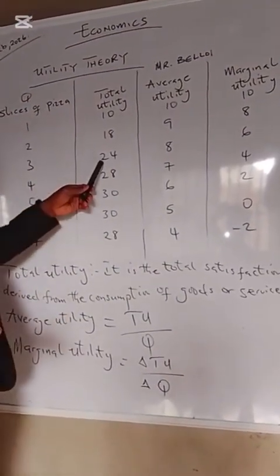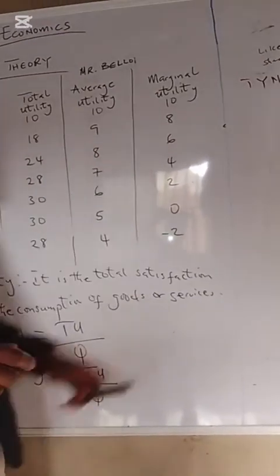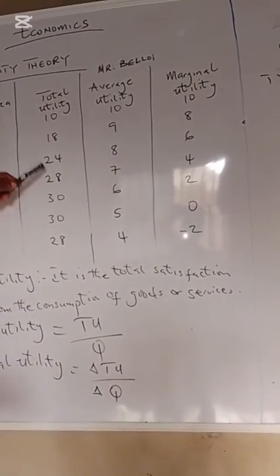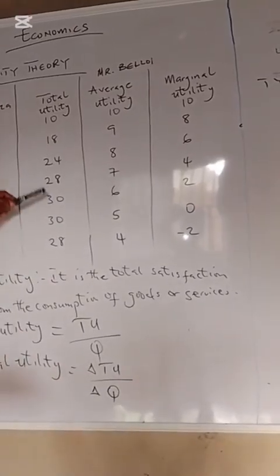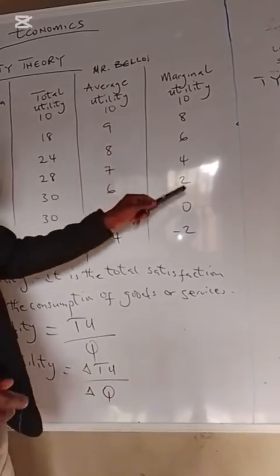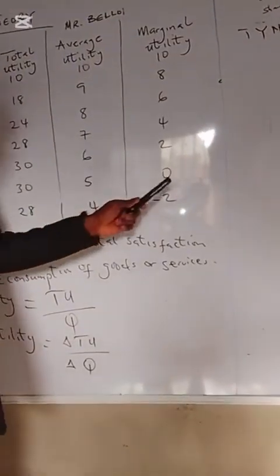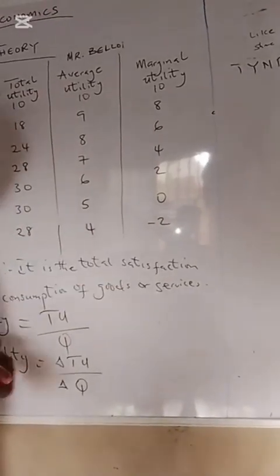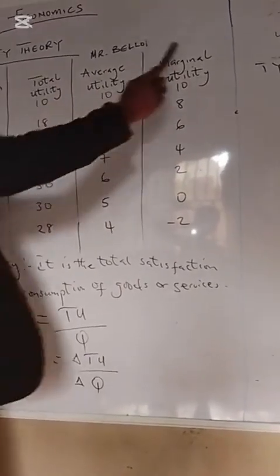Look at it now. 24 minus 18 will give us 6. 28 minus 24, we arrive at 4. 30 minus 28, that's 2. 30 minus 30, 0. 28 minus 30, minus 2. That's why they say that the change in total utility is what will give us marginal utility.